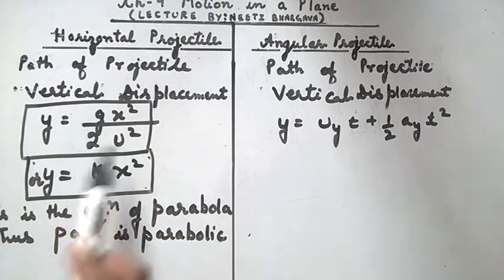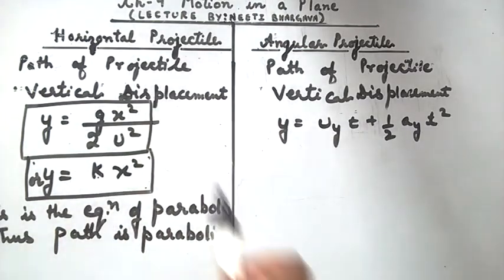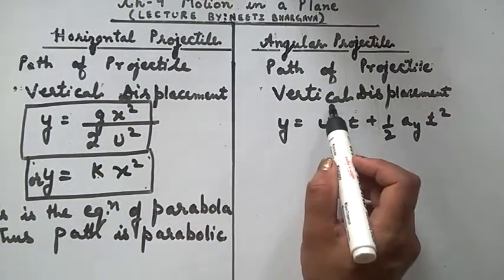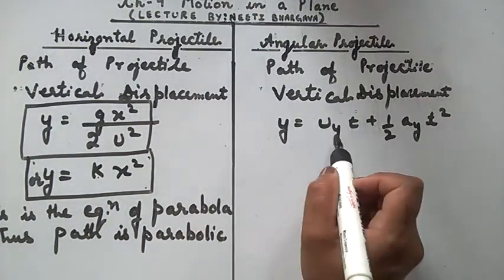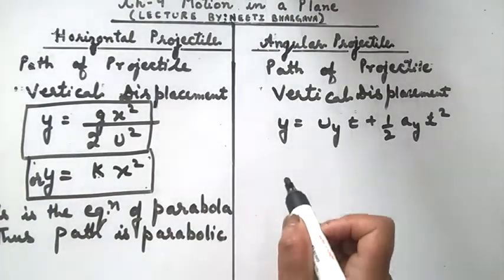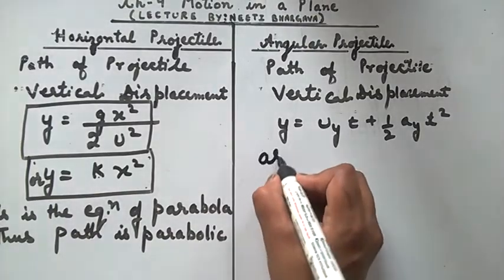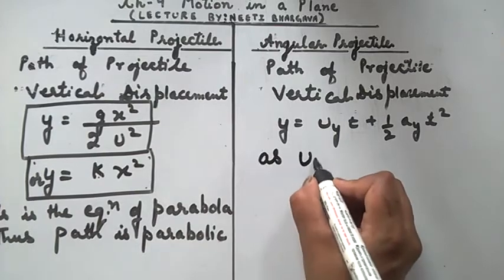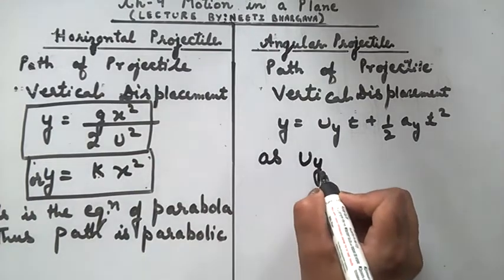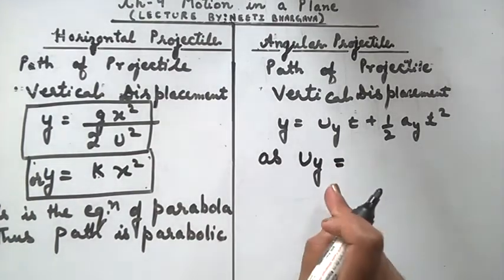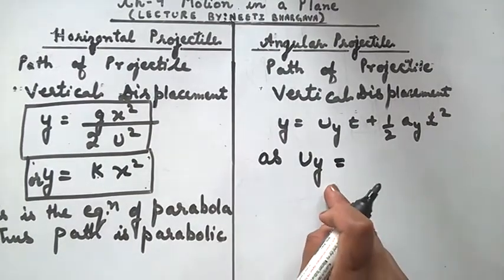Now, in vertical displacement, y is equal to uy t plus half ay t square. In this case, uy, the initial velocity along the y direction, is not 0, but it is a component of the initial velocity, which is u sine theta.